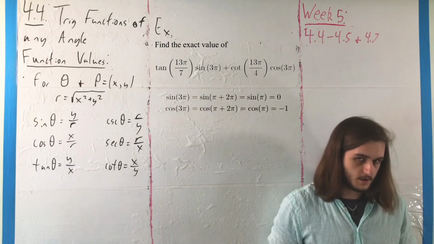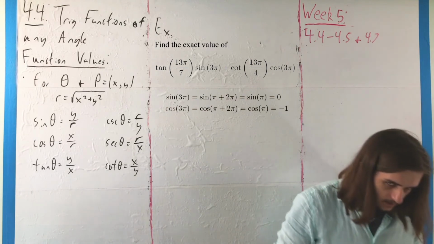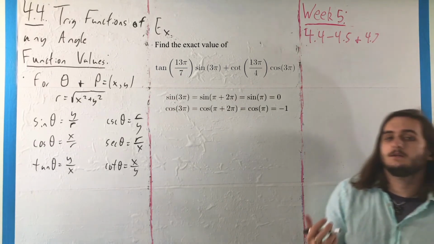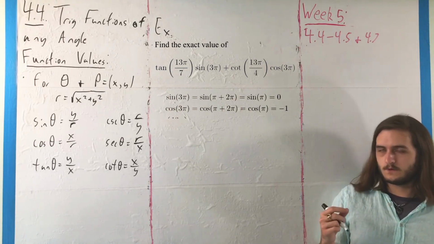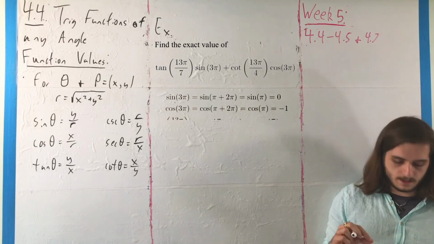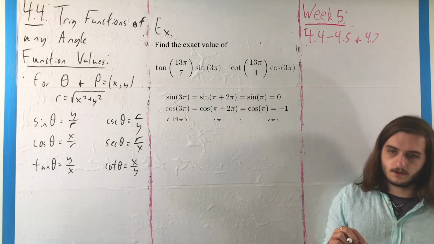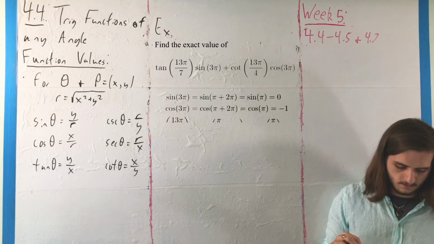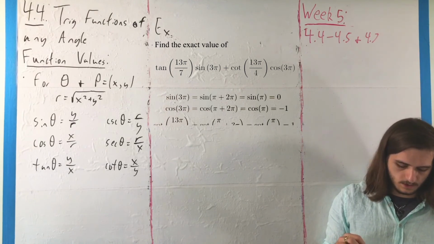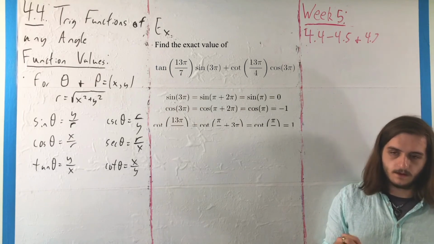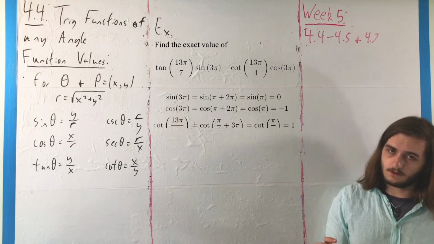Meanwhile, for cotangent of 13 pi over 4, it doesn't look nice, but we can recognize that 13 pi over 4 is 12 plus 1 pi over 4. And we can pull out that 12 over 4 with those pi's on there and get that this would just be pi over 4 plus 3 pi inside of cotangent.